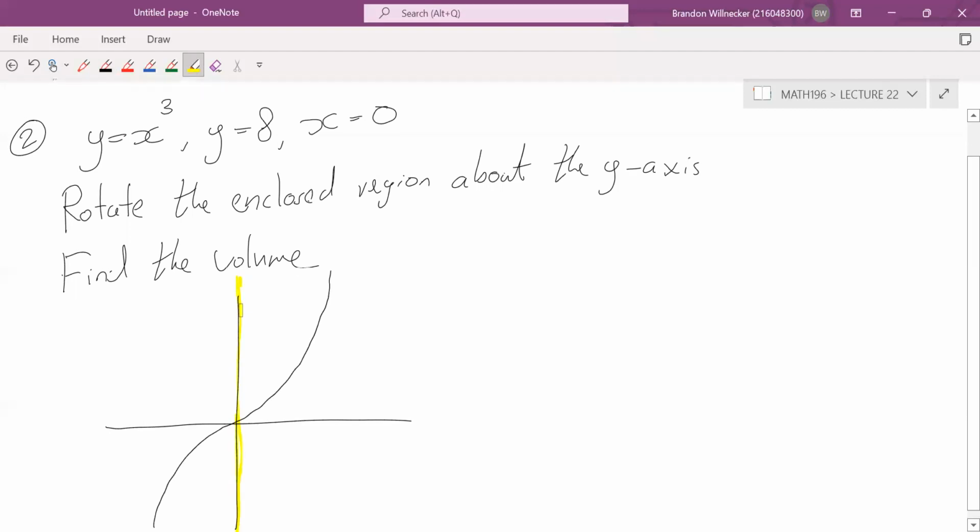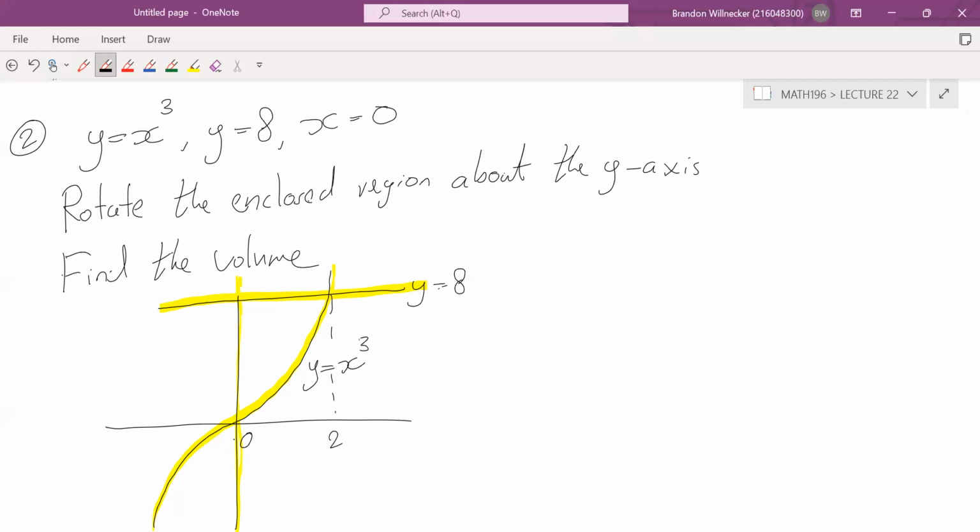Okay, so we got that line, we've got this line, and y equals 8, that's going to be something like this. Okay, this is y equals x cubed. Okay, and what is the intersection between x cubed and 8? That's going to be 2, because 2 cubed gives us 8.